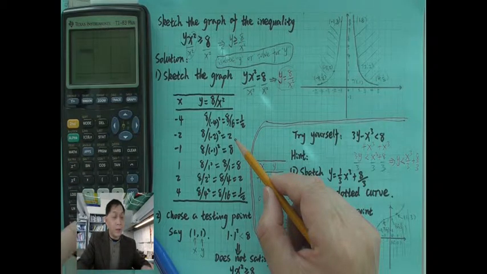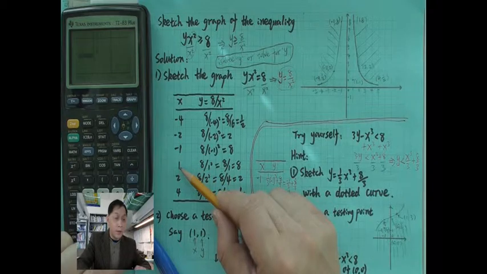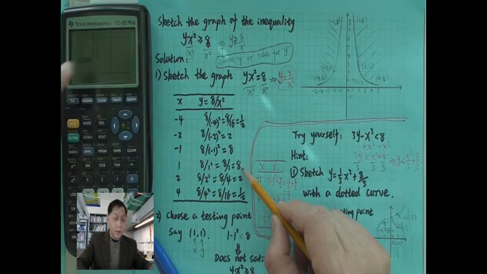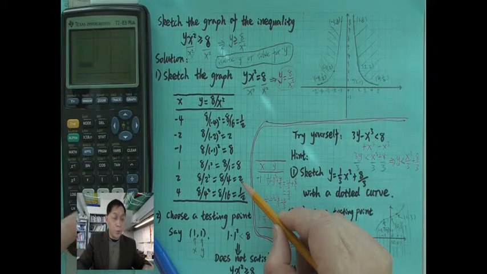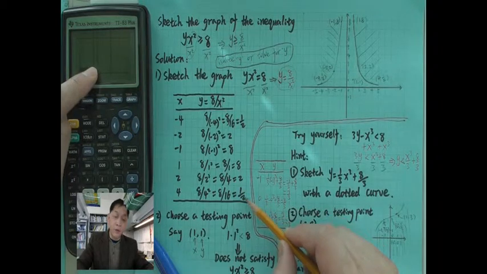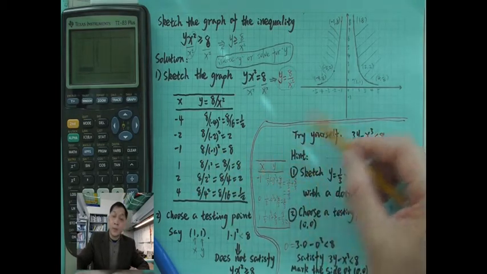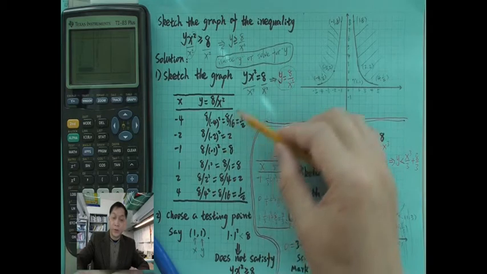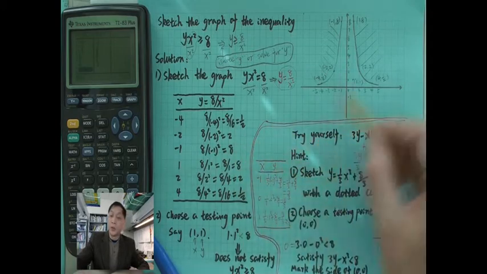Input 1, hit enter, you have 8. So x is 1, y is 8. Input 2, hit enter, and you get 2. Input 4, hit enter, and you have 0.5, which is 1/2. If you don't know the graph, you input values to see where those points should be.